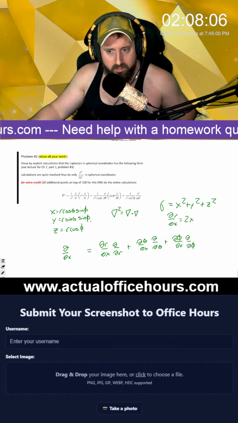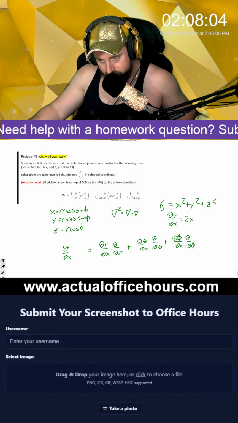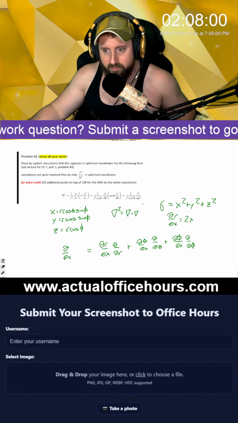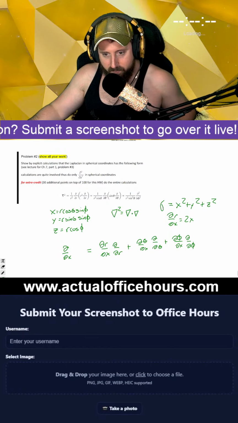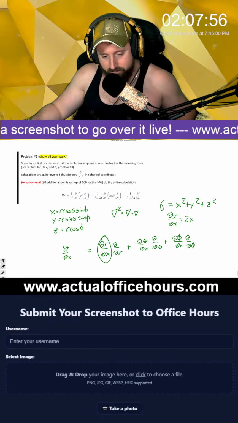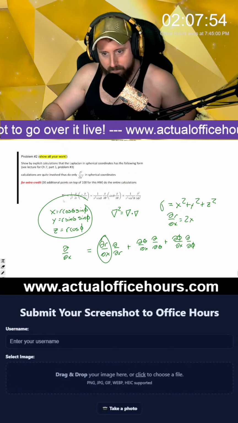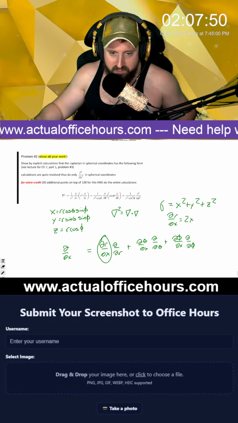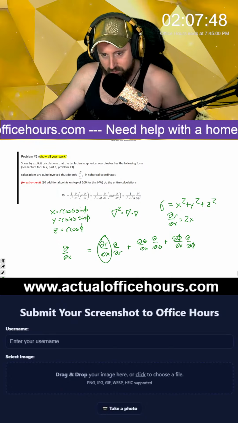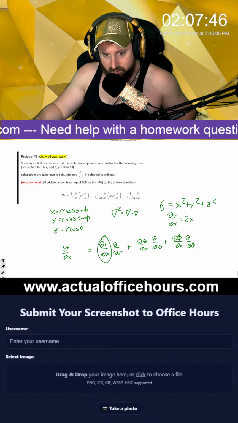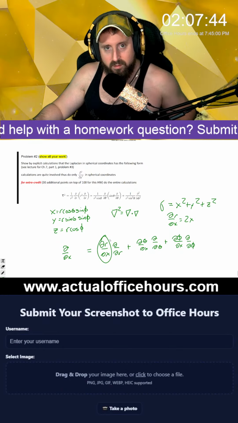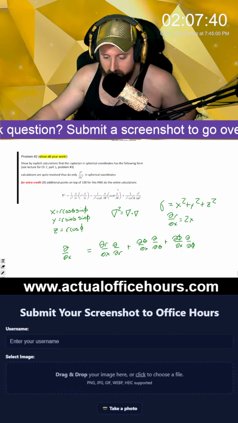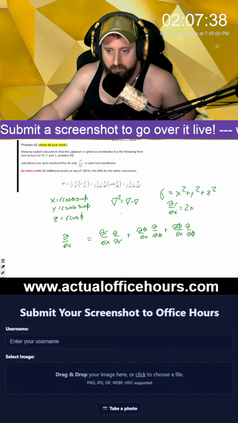Wait, why is it coming out the other way? You're just taking the derivative of all of those terms in x with respect to different variables. So wait, this should be dx/dr, not dr/dx. Yeah, this is kind of like Calc 3.